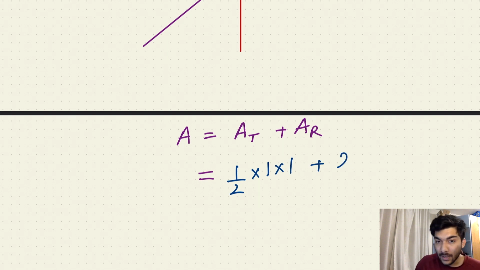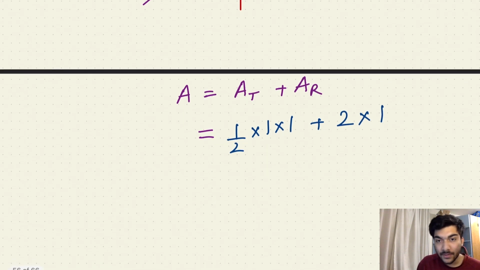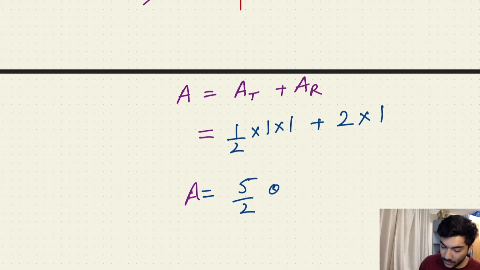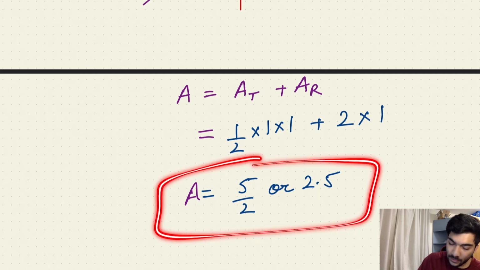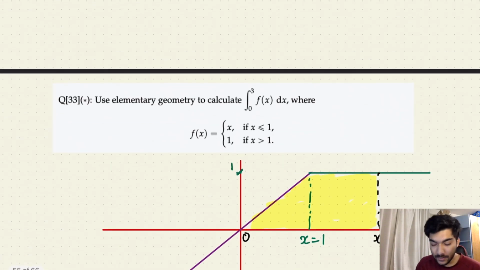The area of the rectangle is base into height, which is 2 times 1. My base is 2, height is 1. And with this, my total area becomes A equals 1/2 plus 2, which is 5/2 or 2.5. And this is my final answer.